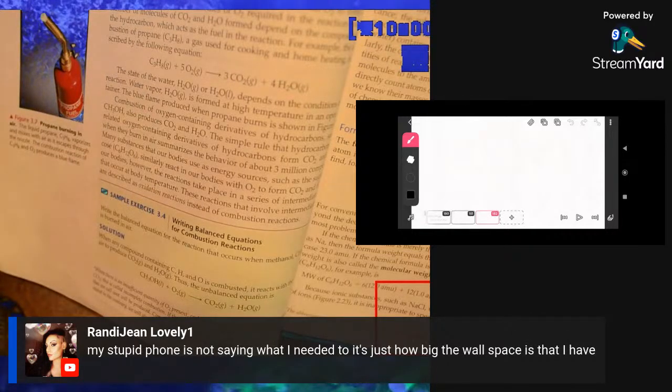My phone is not saying what I needed, so it's just how big the wall space is that I have. Oh, okay. So you have a big space, so you get a pretty big system. For starters, if you have that much space, I would get a 50-gallon tank or bigger. I would not get a small tank.